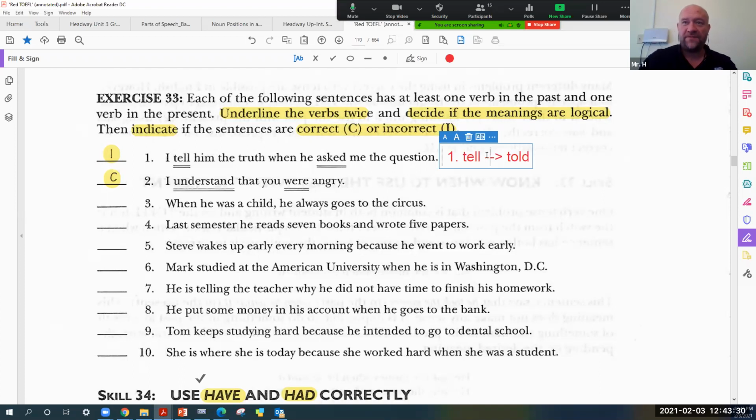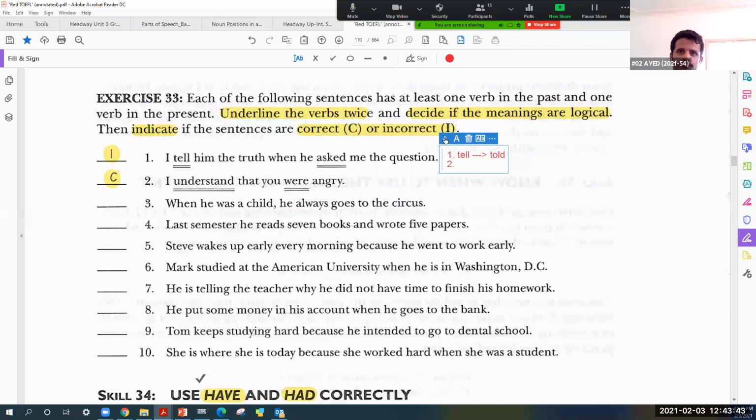Is this the only way to fix it? No. What's the other way? Change asked to ask. Instead of verb 2, verb 1, but I should put an S, right? He asks. Present simple. Yes. Because of present. You understand?